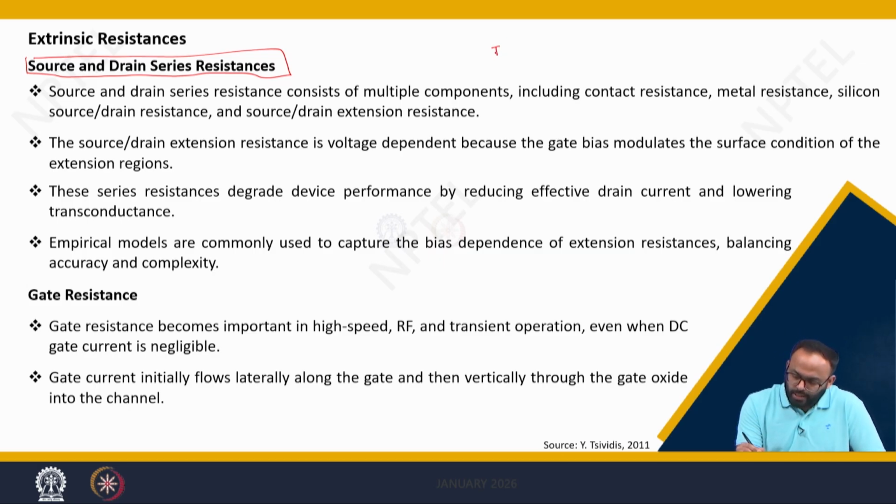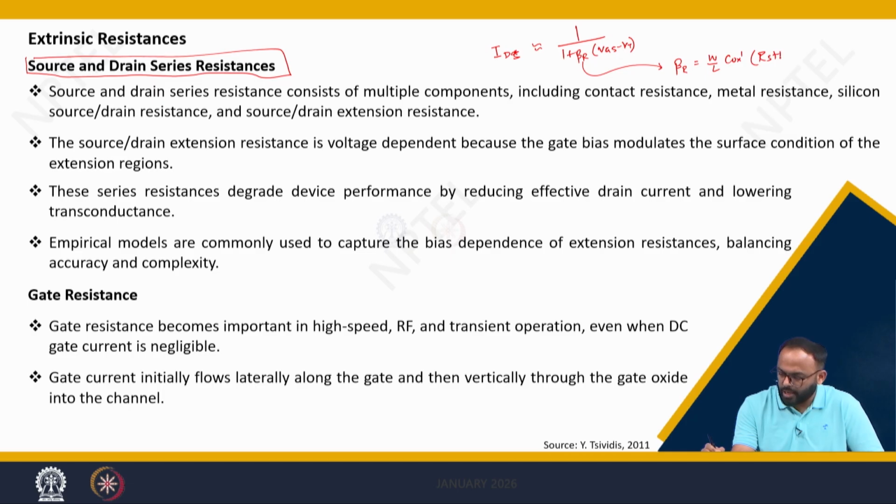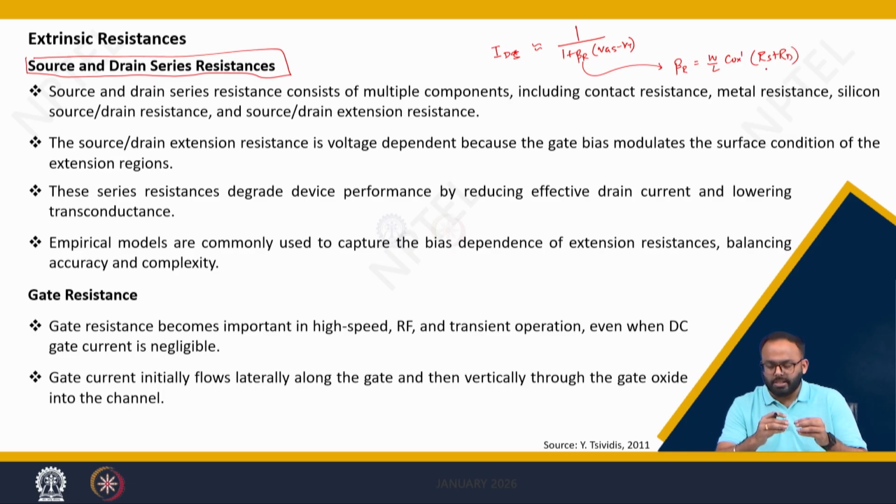We saw that the current is affected by 1 over 1 plus beta R into VGS minus VT, and beta R was nothing but W by L into COX dash into RS plus RD. It means the source and drain pad resistances significantly influence the current flowing in the circuit, right?